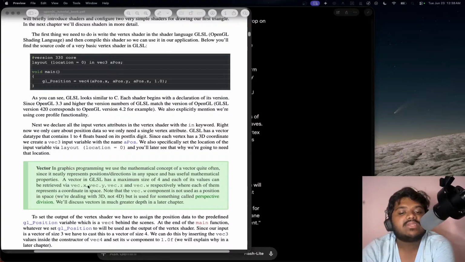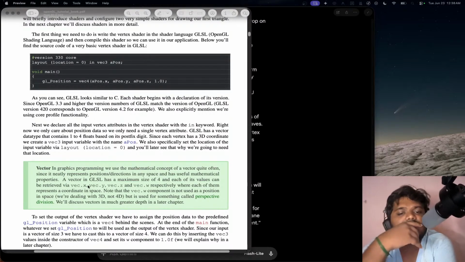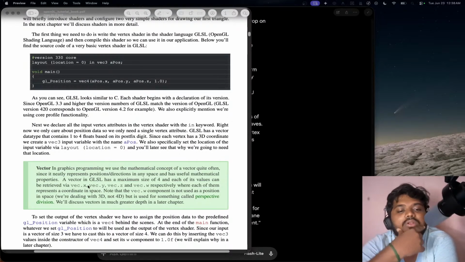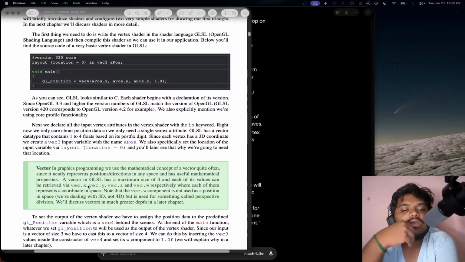Since each vertex has three coordinates, we create a vec3 input variable with the name aPos. We also specifically set the location of the input variable via layout location equals 0, and you will later see why we are going to need the location.